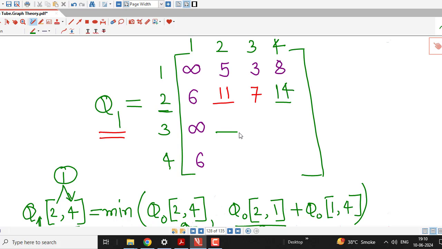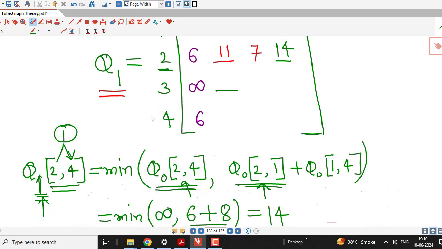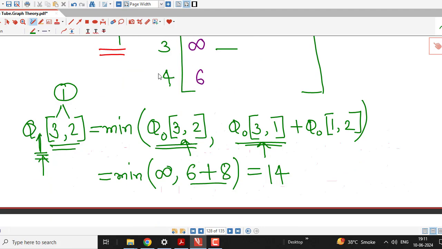Suppose I am interested in Q1 of 3, 2. So now I have to change here, let me write here Q1 of 3, 2. So Q0 as it is, here I will write 3, 2, and because I am writing for Q1, you can understand in this way. I will first write for 3 to 1, and from 1 to 2, and this I will obtain from Q0.